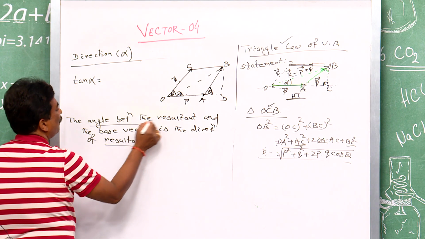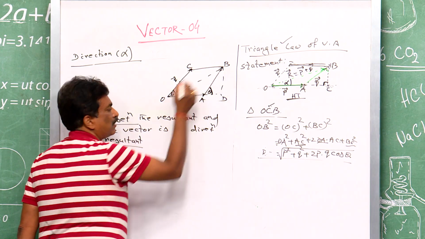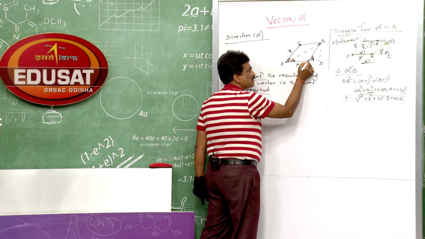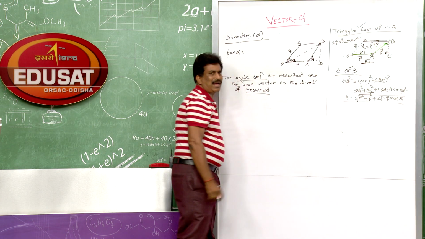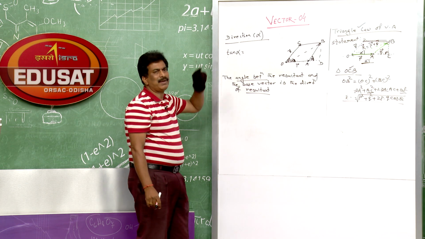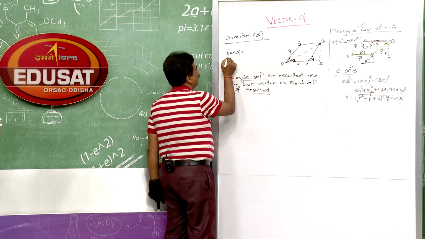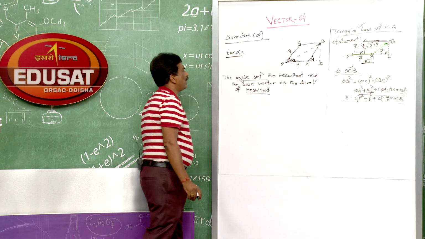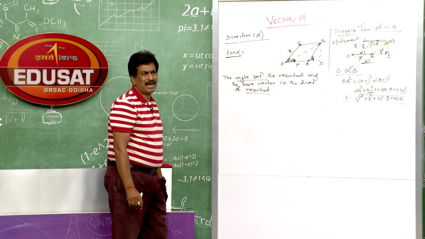So the angle between the resultant and the base vector is alpha. We are interested in finding the value of alpha, so we have first taken the value of tan alpha.